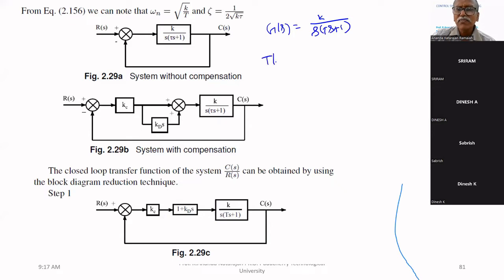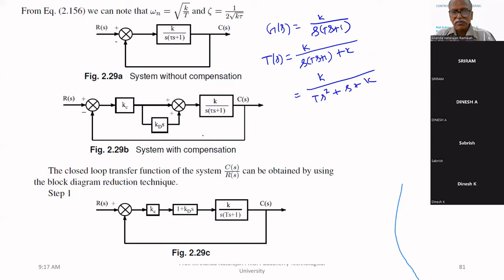What is closed loop transfer function? T of s equal to, for unity feedback system, numerator as such we have to write numerator divided by denominator plus K, that is K upon tau s square plus s plus K. That's what we got here.